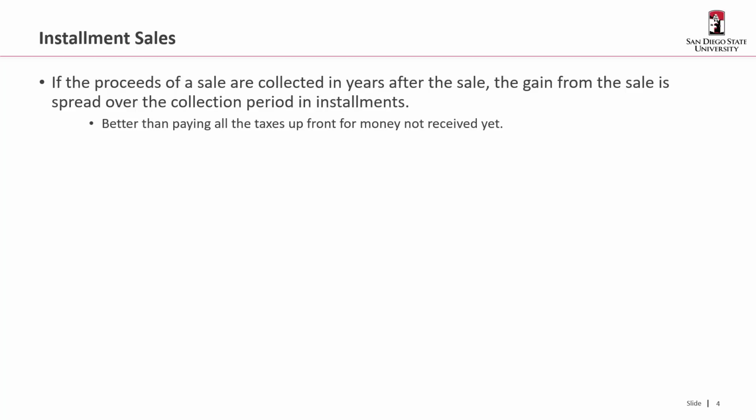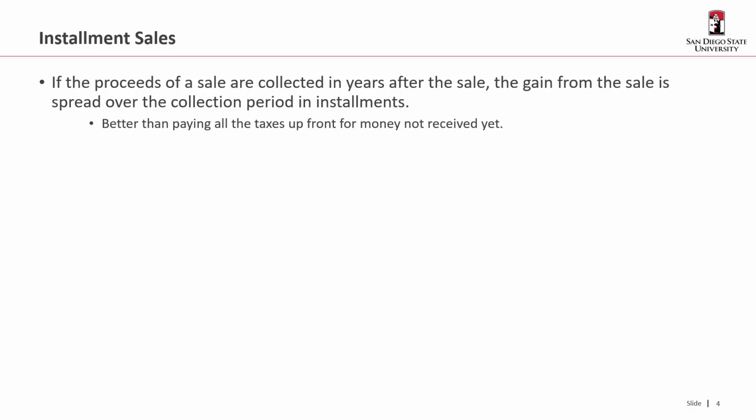Okay, so that pushes us straight into installment sales. So, an installment sale is related to a situation in which the proceeds from a sale are collected in years subsequent to the year of the sale. So in this case, what would happen is, let's say I sell you something for $1 million, but I get $100,000 a year for 10 years.